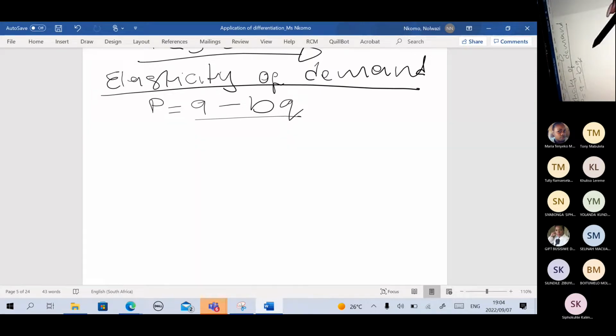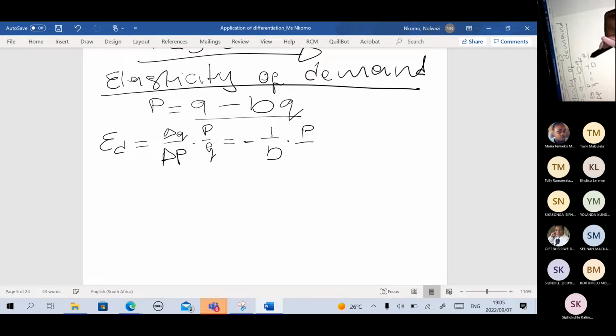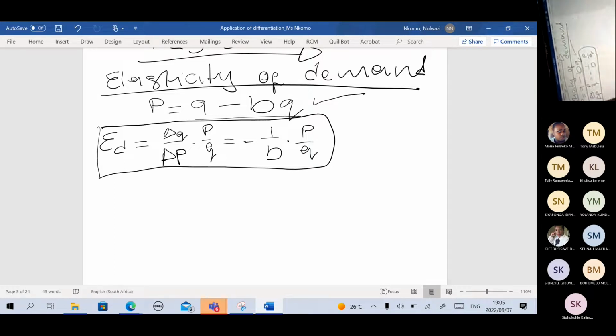The point elasticity of demand for a linear function is defined using this formula: change in Q over change in P times P over Q, which is the same thing as minus 1 over B times P over Q. If we are given this as the demand function, then for linear functions you will use this formula to find the elasticity of demand.